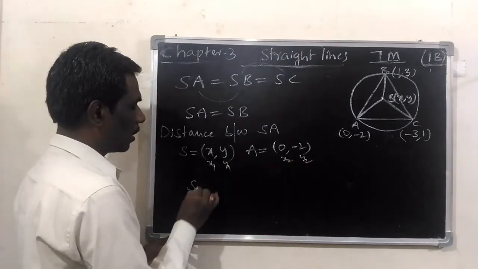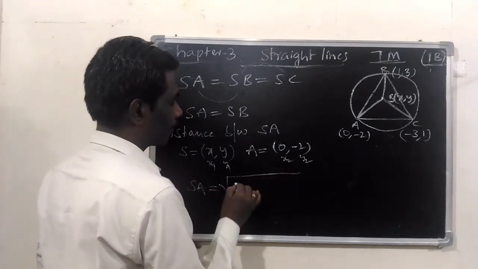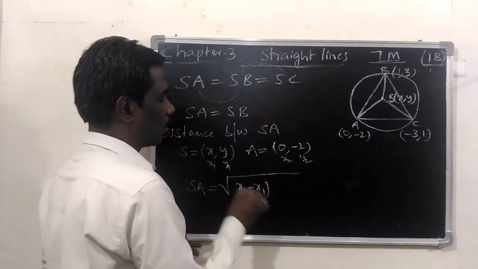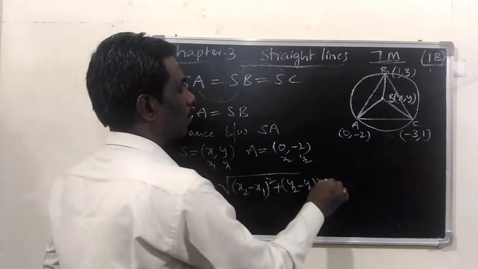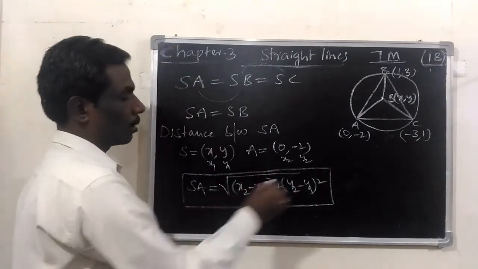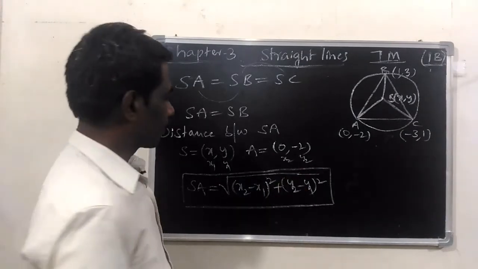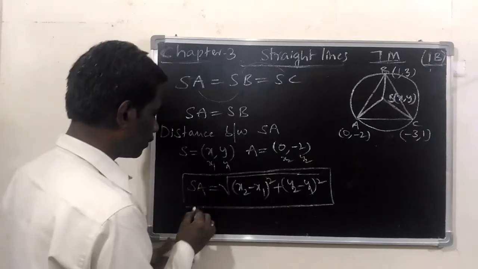The distance formula of SA is under root of x2 minus x1 whole square plus y2 minus y1 whole square. Make this a box because it is a formula. Now in this formula substitute these 2 points.